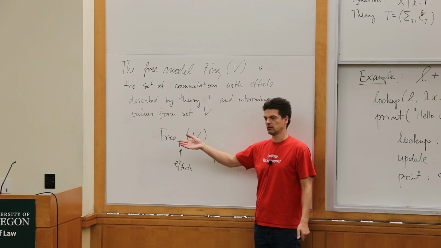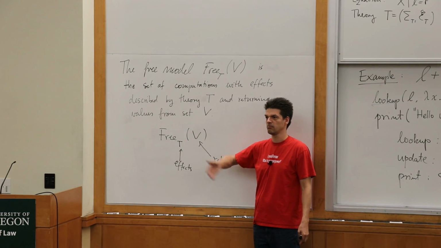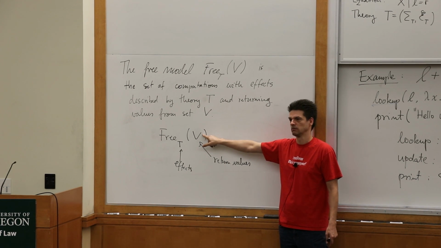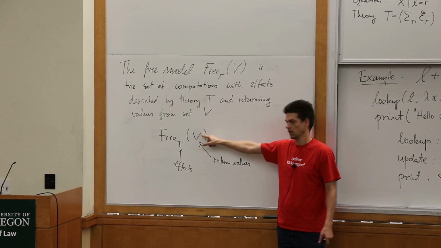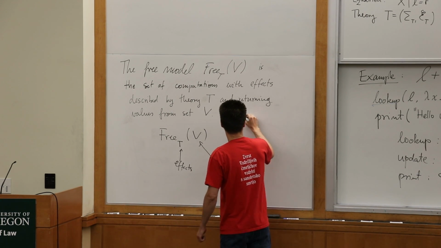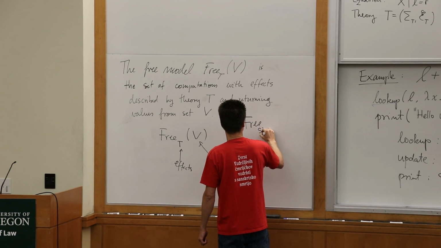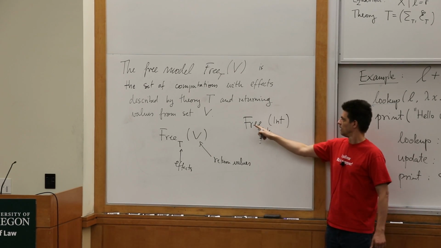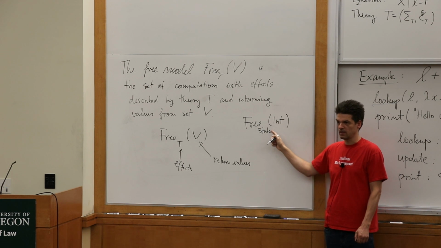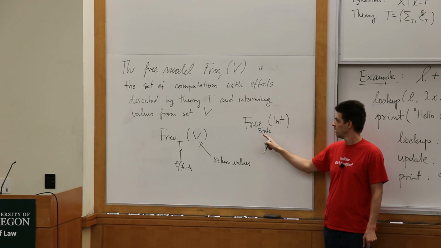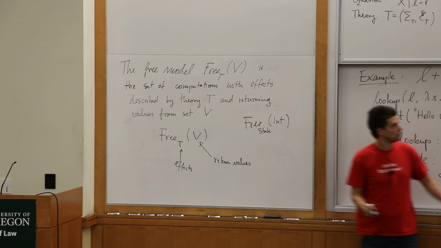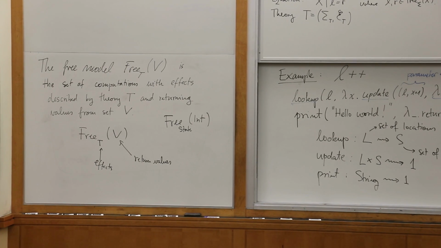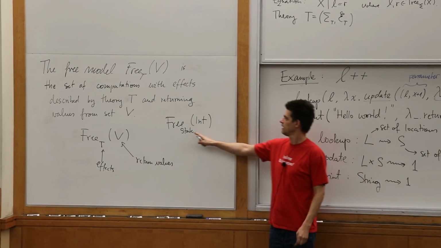But eventually, when it terminates, it has to give me a result. It'll end up being a return of something, and then it will be a return of some element from here. Okay? So if I say something like free state int, that would be so the elements of this ought to correspond to computations, which can use state from some fixed set S here, that use state, and then they return integers.